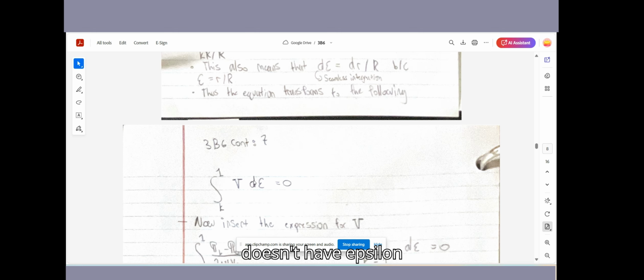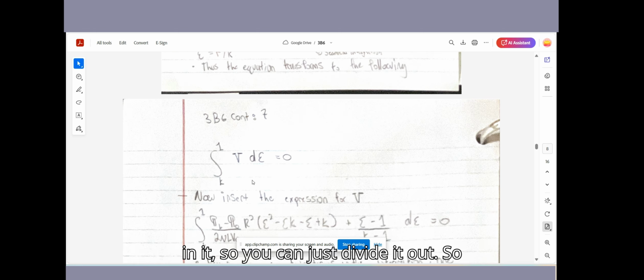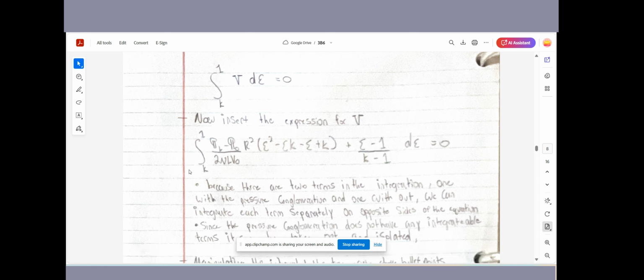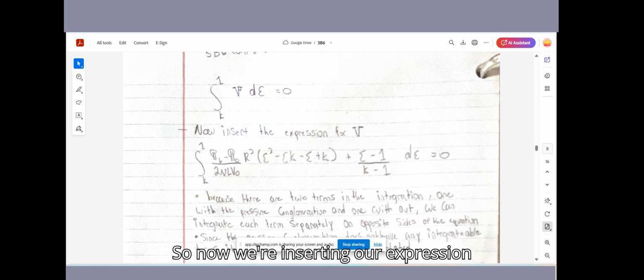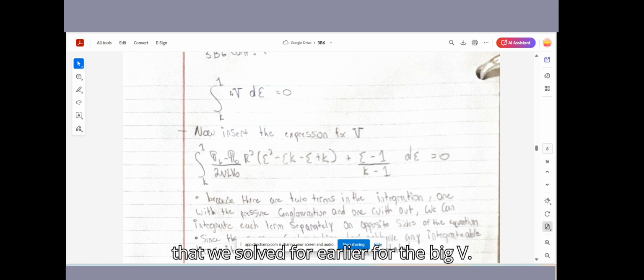It doesn't have epsilon in it, so you can just divide it out. So technically there's supposed to be a V0 here, but just divide it out and it's fine. So now we're inserting our expression that we solved for earlier for the big V. Obviously this is pretty self-explanatory. Just copy paste what we got earlier.